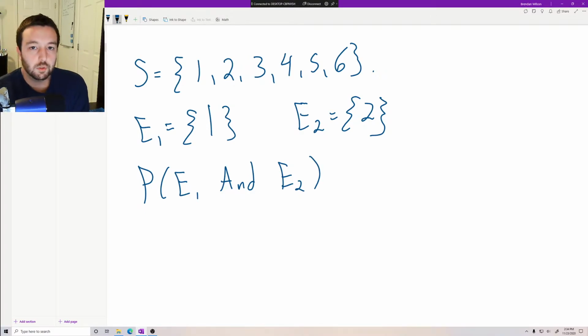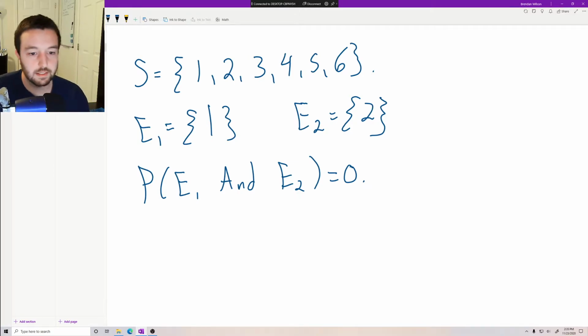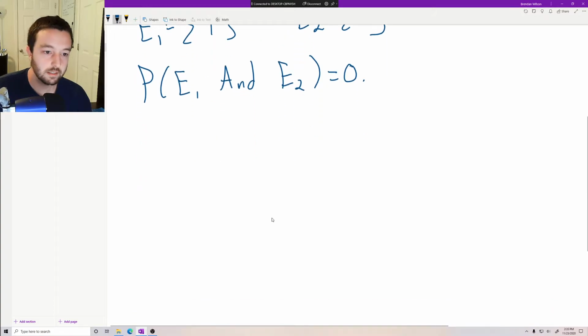So E1 and E2 are mutually exclusive events. That means if one of them happens, the other one can't happen. So if we're looking for the probability that E1 happens and E2 happens, well, by definition, they can't both happen at the same time. So the probability that these both happen is going to be 0. And this is like the more mathematical definition of what mutually exclusive means.